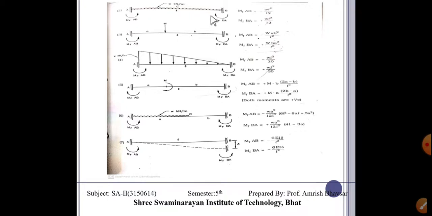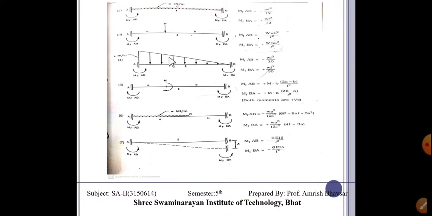This is anti-clockwise MFAB, this is clockwise MFBA, and the value is WL square by 12, minus here and plus there. When an eccentric point load is acting at a point, at distance A from the left support and B from the right support, then an anti-clockwise and a clockwise fixed end moment are generated, and the equations are minus W A B square upon L square and plus W B A square upon L square, right?